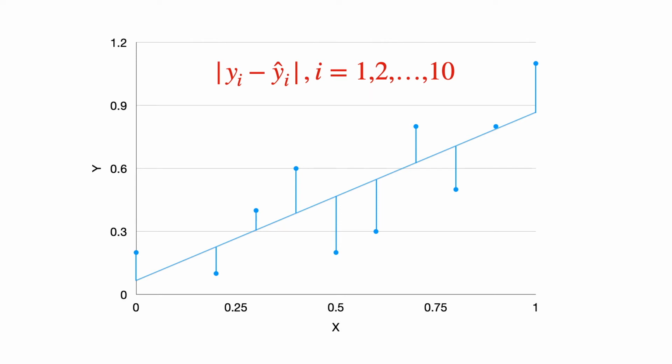Rather, the distance from a point to a line that we will use is the vertical distance between the observed point and the line. And that is the distance between the y values. And so we see that represented here where we have drawn the vertical lines from each of the points to the candidate line.